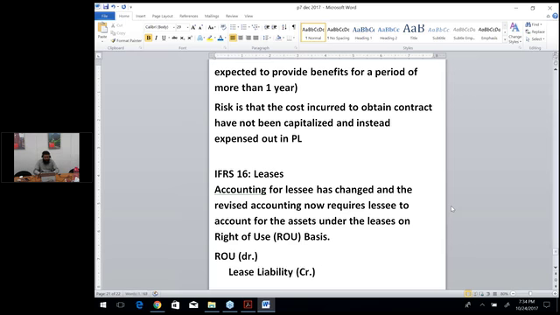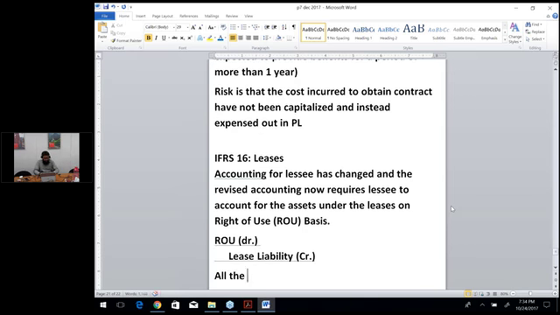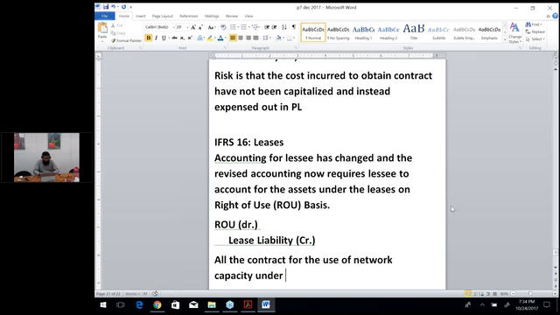So basically all the assets, all the contracts under for the use of network capacity shall be recognized under IFRS 16 using ROU accounting.